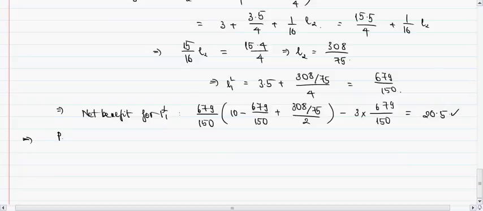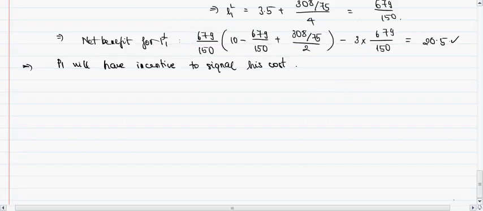Therefore, player 1 will have an incentive to signal his costs. He will have an incentive to send a truthful signal to player 2 to indicate that he is a low cost person.